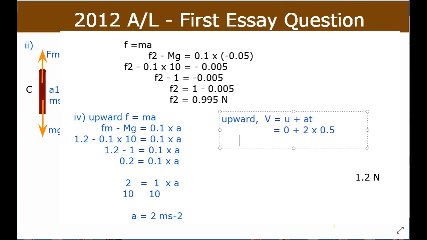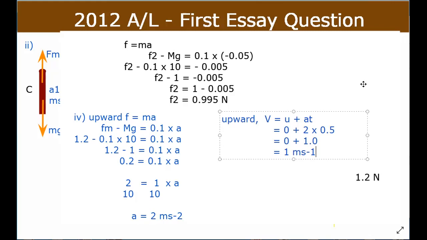So what is 2 into 0.5 here? This is 0 plus 2 into 0.5, which means 1.0. 0 plus 1.0 means 1. What is the maximum possible velocity? 1 meter per second. Am I right here? Yes, sir.